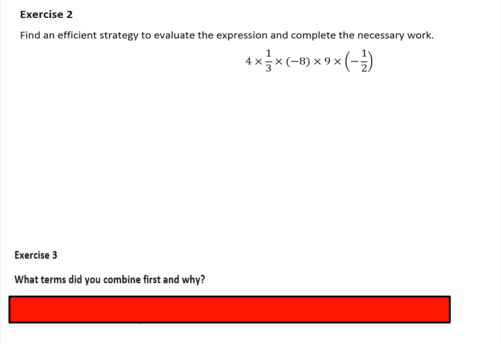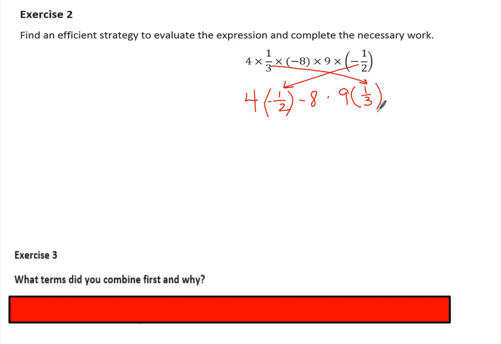So what I think I'm going to do is right away rewrite it. So I'm going to write 4, and I'm going to move this -1/2 over here times the 4. And then I'm going to write the rest, -8 times 9. But now I'm going to move this +1/3 over by the 9.